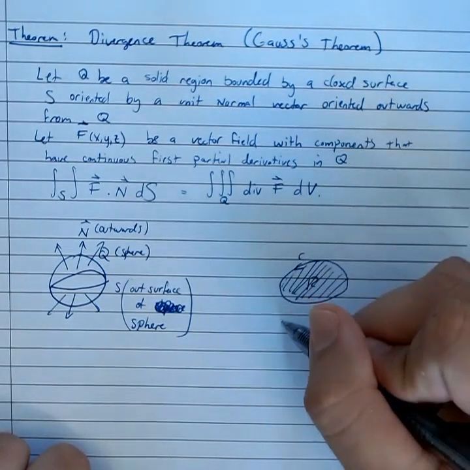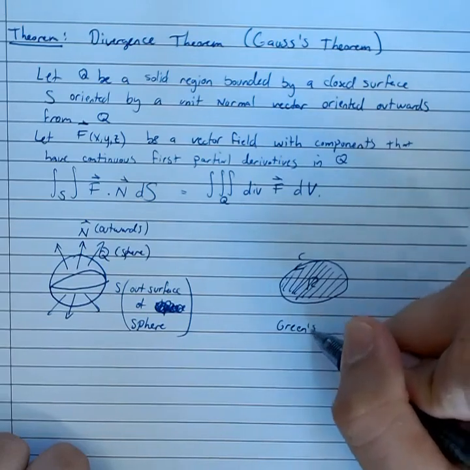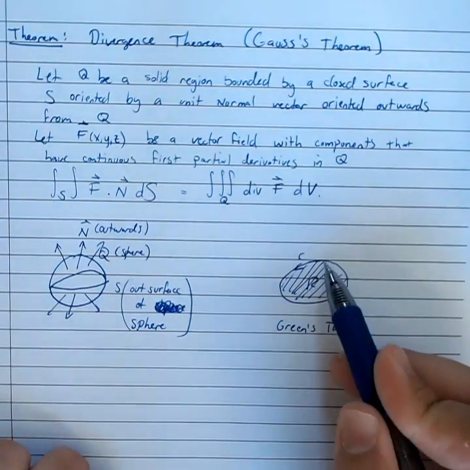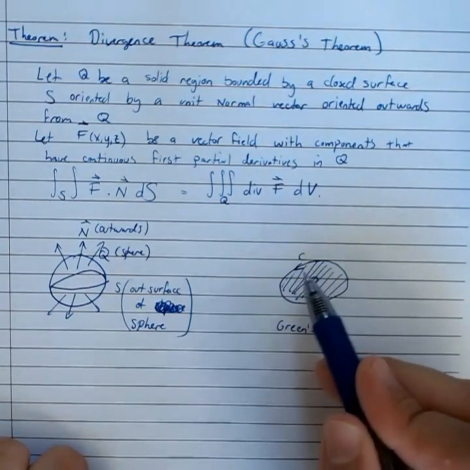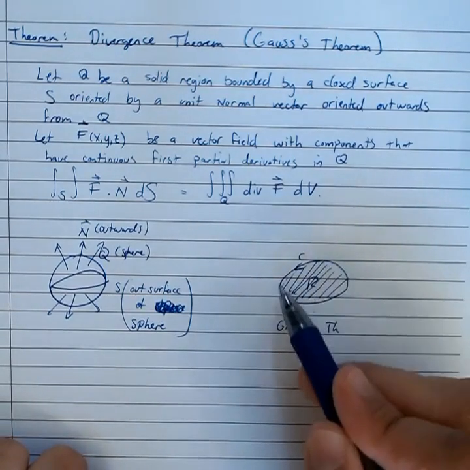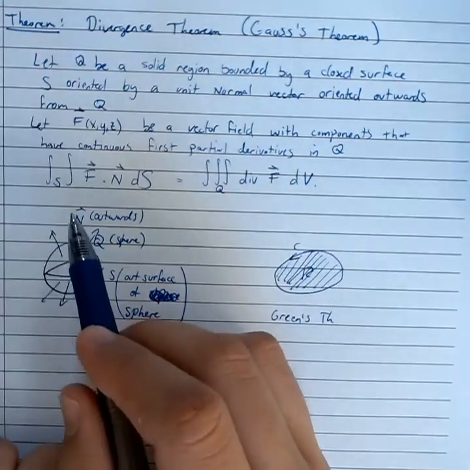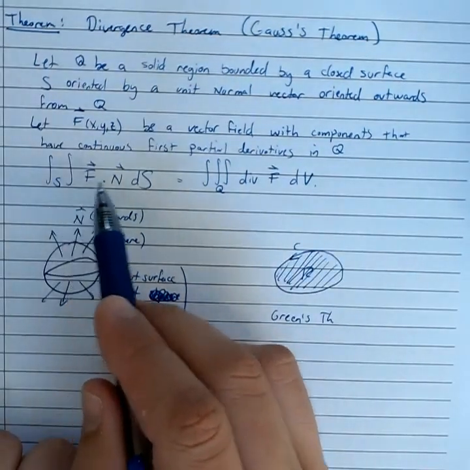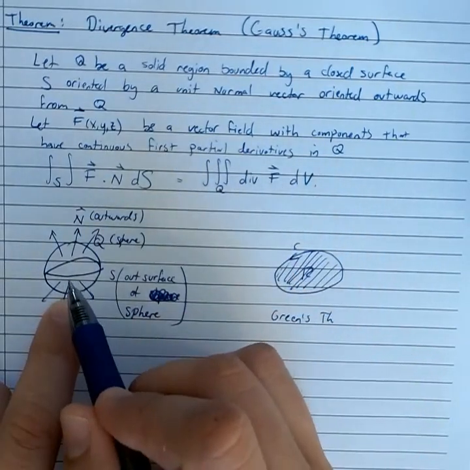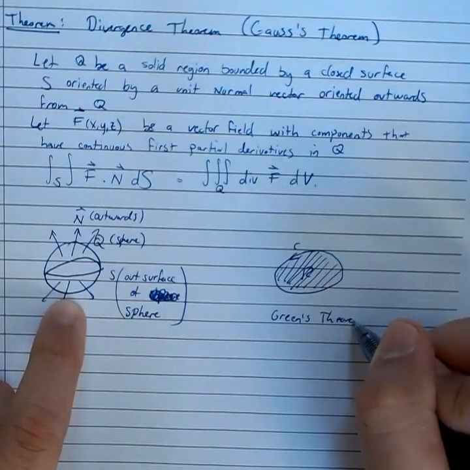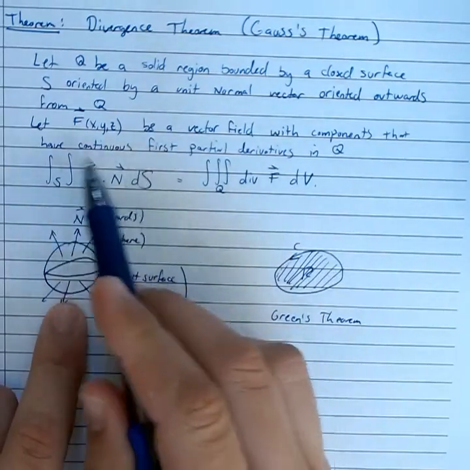So Green's theorem tells you how you can use a curve to give you the double integral, or vice versa, the double integral to give you the contour integral. Here, this is moving up a dimension. It's telling you how you can use a triple integral over a solid region to evaluate a surface integral.